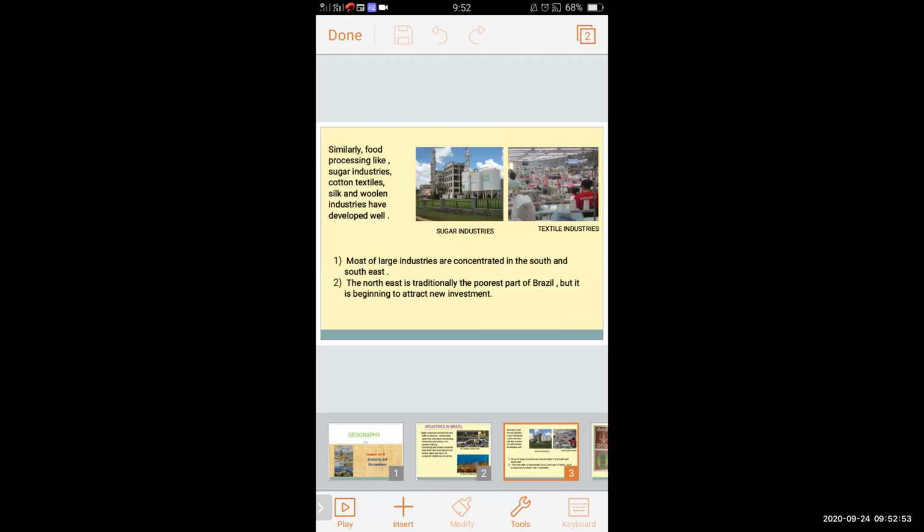We have also learned that food processing industries like sugar, cotton textile, silk and woolen industries developed in Brazil. Most of the large industries are concentrated in the south and southeast. The northeast is traditionally the poorest part of Brazil, perhaps because of inaccessibility, but it is beginning to attract new investment.